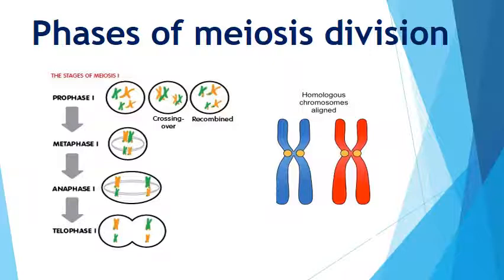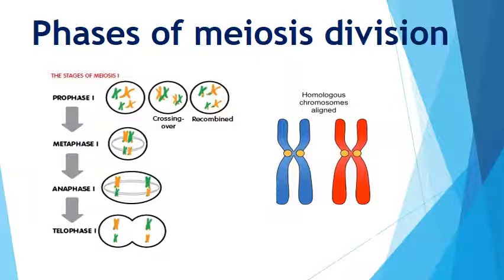Number one, prophase, and I call it prophase 1 to differentiate between mitosis and meiosis. In mitosis, we call it prophase only. In meiosis, we call it prophase 1, as meiosis division has two stages.